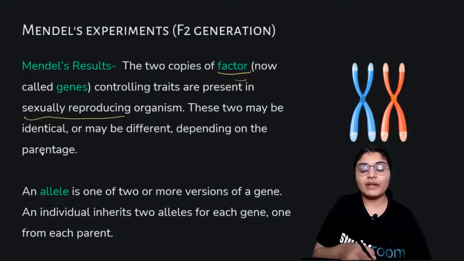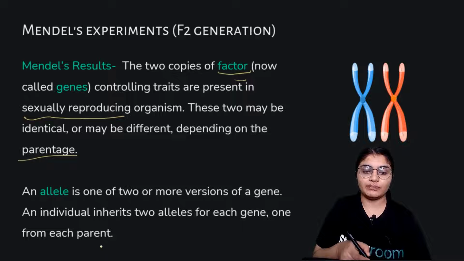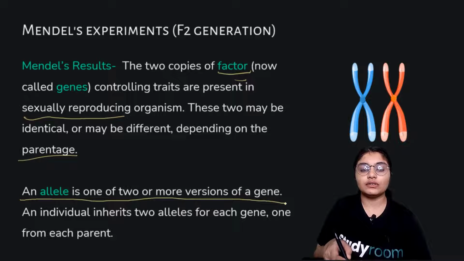And these two may be identical or may be different depending on the parentage. An allele is one of two or more versions of a gene, and an individual inherits two alleles for each gene, one from each parent.